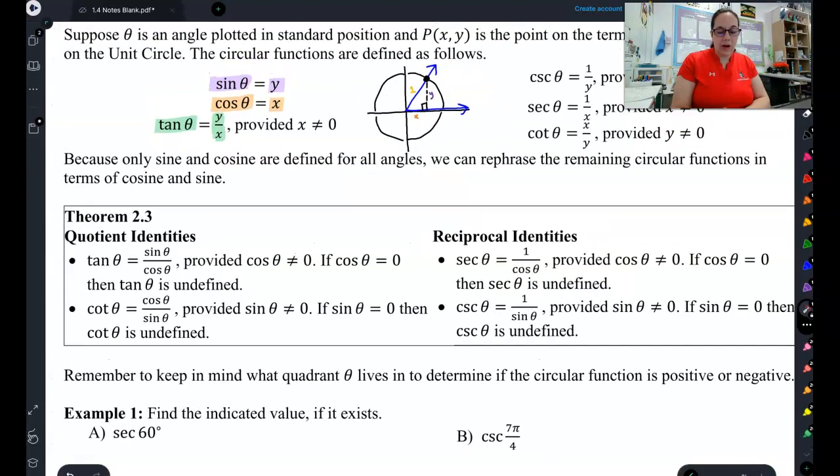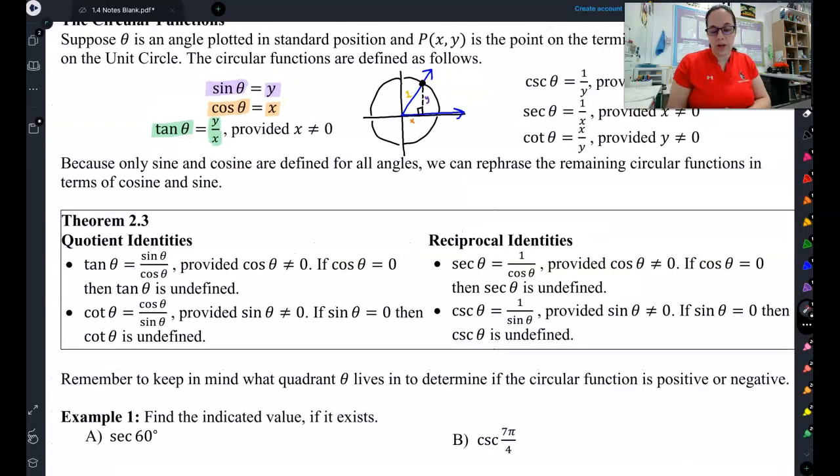Now, a couple more identities or equations that you need to have in your pockets. First up, tangent is sine over cosine, which makes sense because we know tangent is y over x. Sine is y, cosine is x. Which would make cotangent cosine over sine, because cotangent is tangent flipped. That also tells us that secant is 1 over cosine.